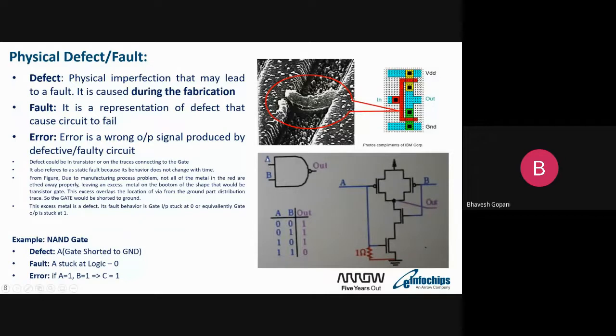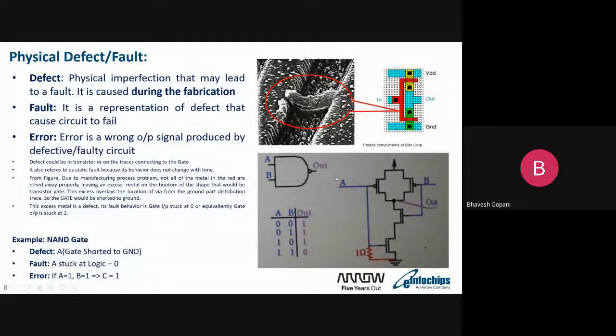Our vectors are generated in such a way that they try to cover each and every node of this design, so our patterns already have information on each and every stuck-at node. Now what is the next thing? If something fails on ATE, we need to identify where the failure is.